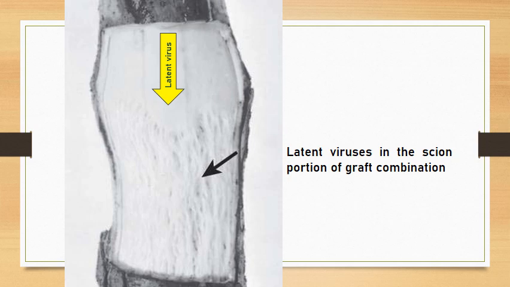This picture shows the latent virus in the scion portion of the graft combination. This virus may cause symptoms to appear in a susceptible rootstock following grafting. Here you can see the stem pitting virus symptom, which is the ring, developed in the sensitive Virginia crab apple rootstock, whereas the wood of the scion cultivar above the graft union is unaffected.